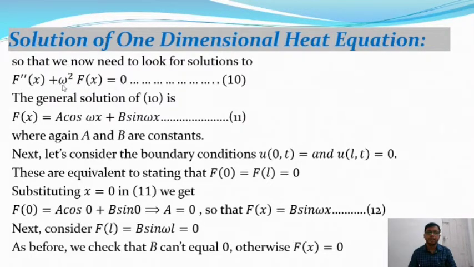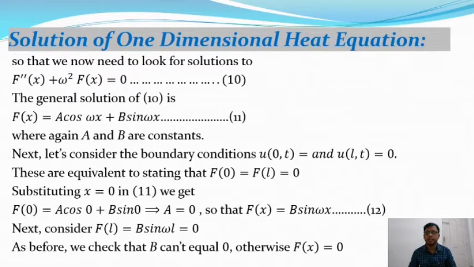That means m is equal to plus minus i into omega. So therefore the complementary function of this differential equation, that means equation 10, will be a into cos omega x plus b into sin omega x. But the right side of this equation is 0, that means the particular integral is 0.